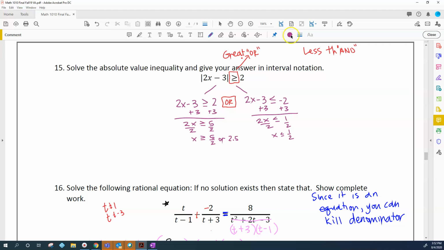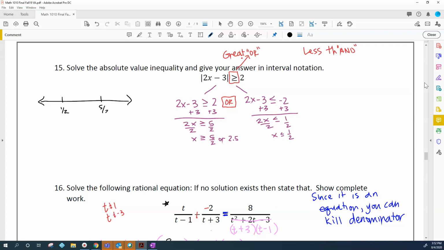All right, so now I need to take what I'm given and draw it on a little number line so I can figure out what part of the graph I'm talking about. Here's 1/2, and then 5 halves is 2 1/2, so that's going to be further to the right.